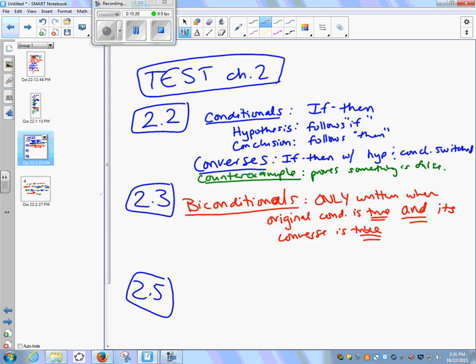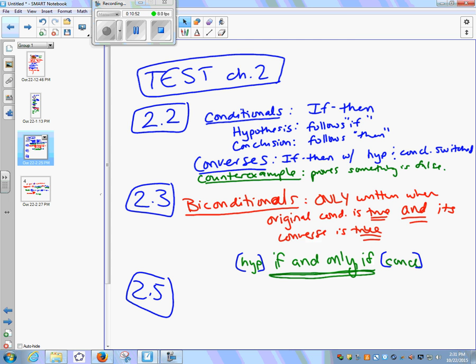And a biconditional is written like this. Hypothesis, if and only if, that's the key statement there, and then the conclusion. So whatever the hypothesis is, whatever the conclusion is, with if and only if in between.